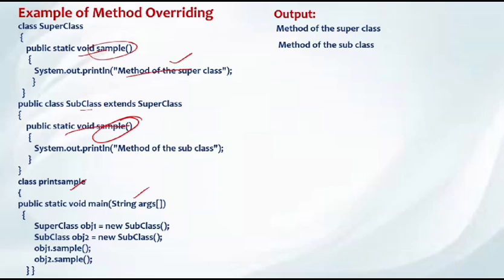So I have two objects. The first helps us access the superclass method, and object 2 helps us access the subclass methods. Here I am calling two sample functions, object 1 dot sample and object 2 dot sample. Once we execute it, we see the output, the method of the superclass and the method of the subclass.